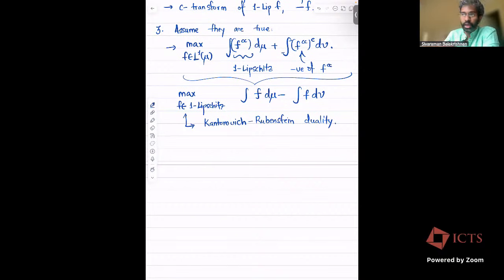So if strong duality held, then whatever I get from maximizing this dual program is equal to the primal cost, right? And that just tells you that the W1 distance between two distributions, mu and nu, is exactly the sup over F, which is 1 Lipschitz, of the integral of F d mu minus the integral of F d nu.